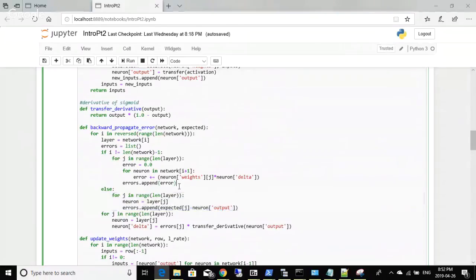Then for each one of these, you get the delta, which is essentially, hold on. Actually, no, you get the delta from here. If it's the input layer, you append it to the error. Otherwise, you take the error and multiply that with the delta, because the delta was the last layer's error and error rate.